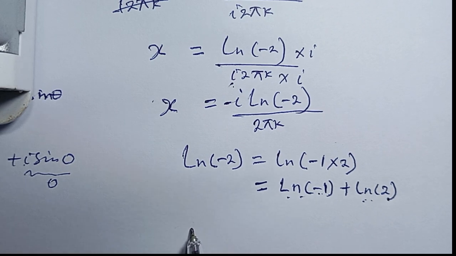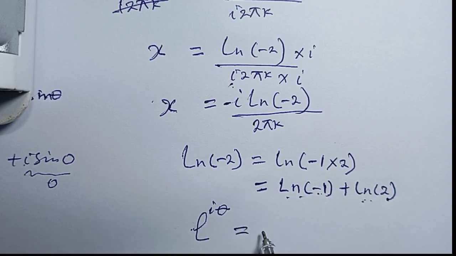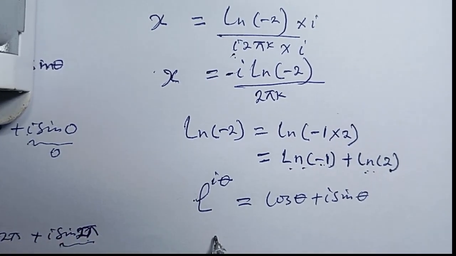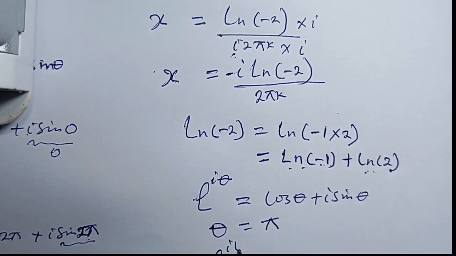So in order for us to get an expression for negative 1, we just need to consider the polar exponential equation we looked at earlier on, which is exponential i theta, which we define as cos theta plus i sine theta. You notice that when we substitute theta equal to pi, this exponential equation is going to change to negative 1.